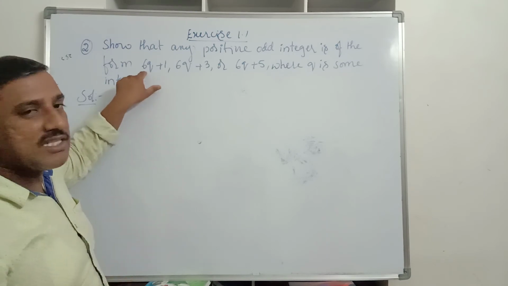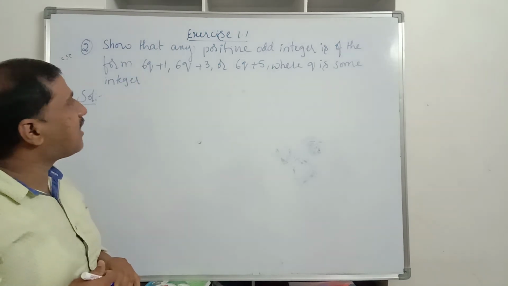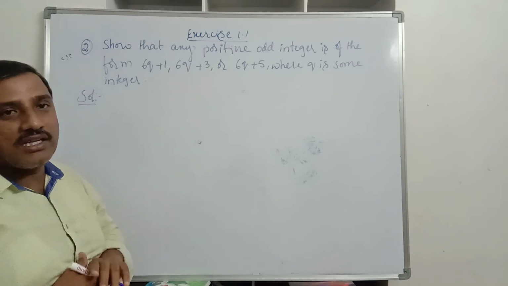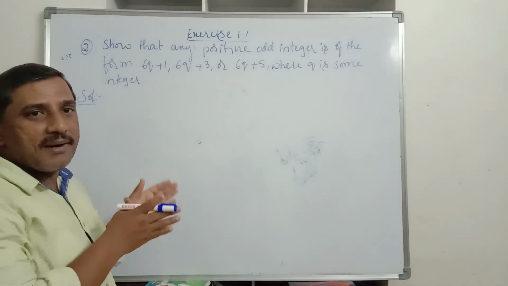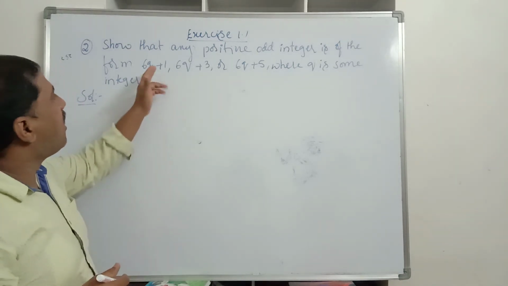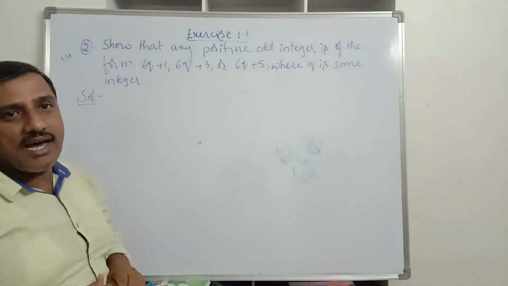Here the 6 represents what? It is b, the divisor. And what do the 1, 3 and 5 represent when compared with Euclid's division lemma? They are the remainders.